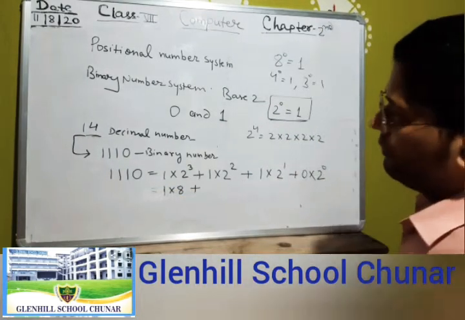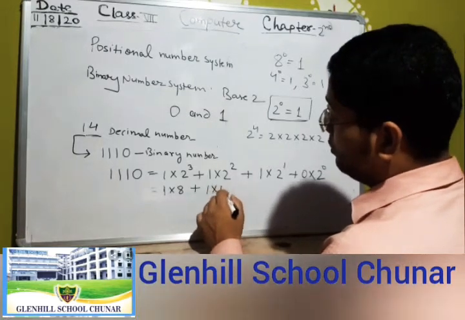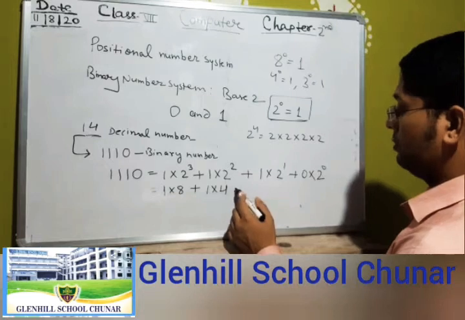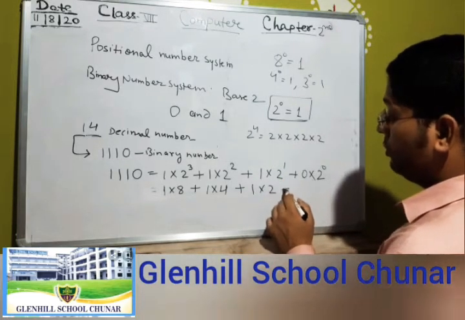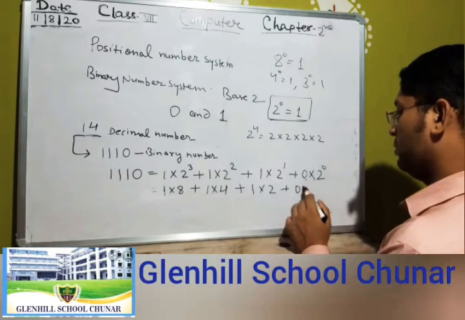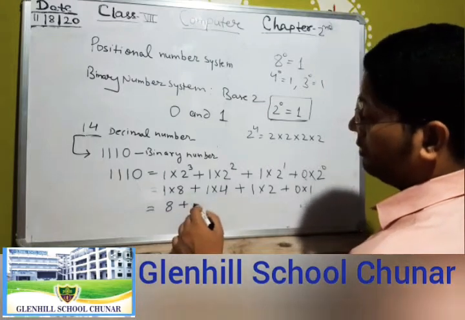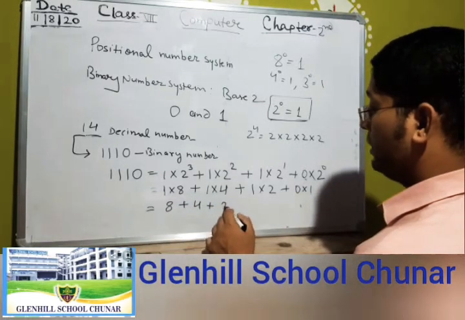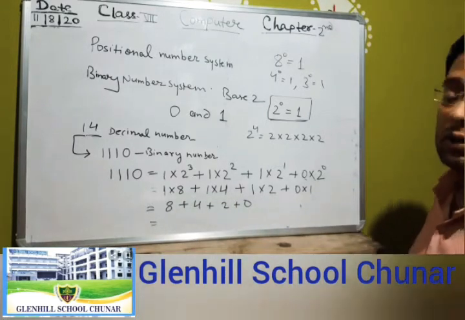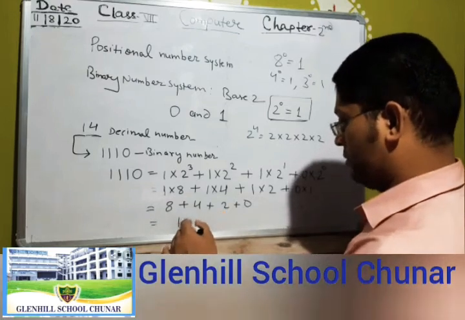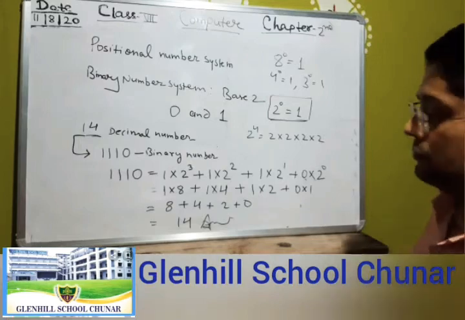And 2 squared, so 1 into 4, and 1 into 2 power 1, that's 2, and plus 0 into 1. So 8 plus 4 plus 2 plus 0: 8 and 4 is 12, 12 and 2 is 14. So that's your answer. Clear? Yes.